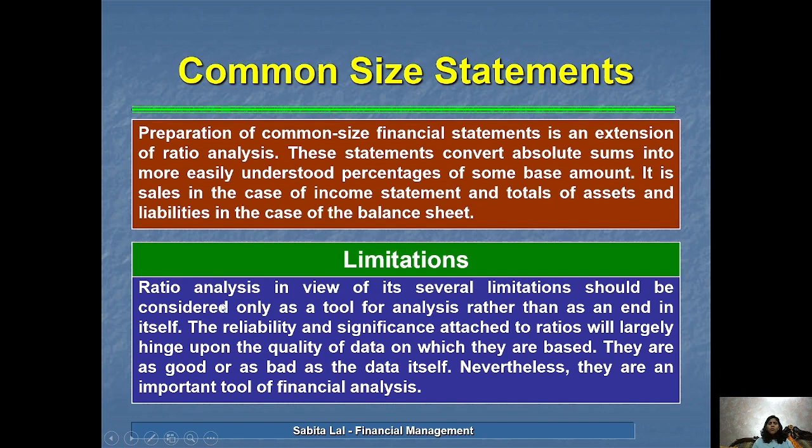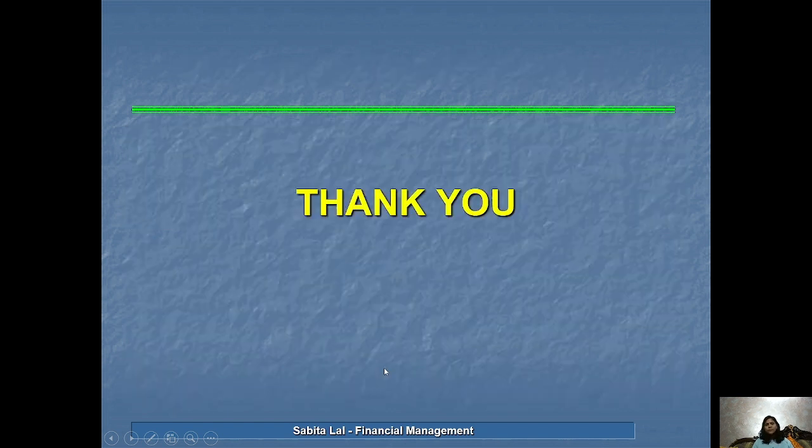And limitations: ratios have several limitations and should be considered only as a tool of analysis rather than an end in itself. The reliability and significance attached to ratios depend largely on the quality of the data, and they are only as good or bad as the data itself. So they are very important tools of financial analysis.